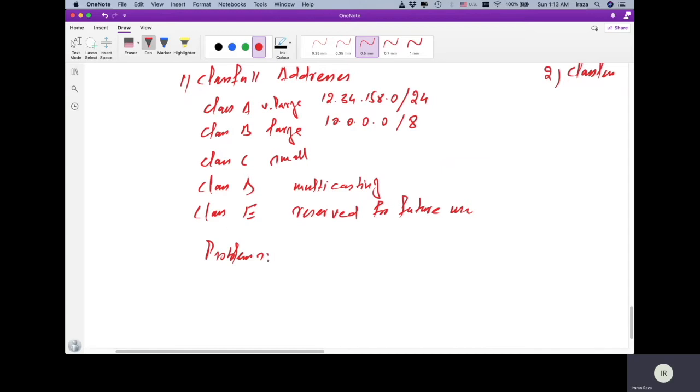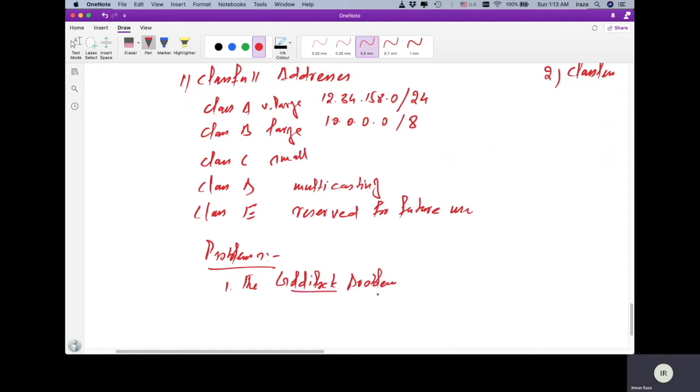The problem with classful addressing, number one, is the Goldilocks problem. I hope you understand this Goldilocks problem.